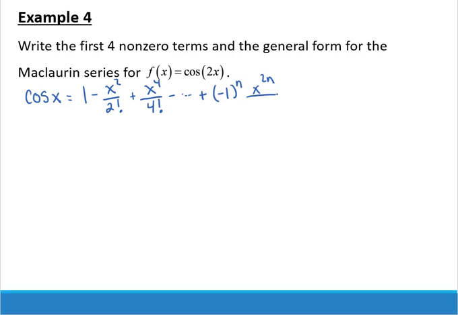So if we have cosine being this, okay, I need to do cosine of 2x. So notice the only thing that I changed was I put in a 2x instead of an x.